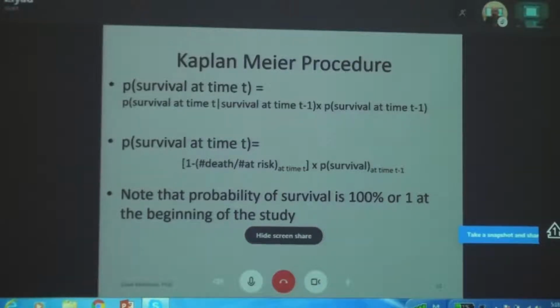If they were censored before, they are not at risk. But if they were not censored before, they are still counted in the denominator, what we call at risk. You'll see in a second. Times the probability of survival at time t minus 1. And basically, you start with the assumption that at time 0, everybody is surviving.